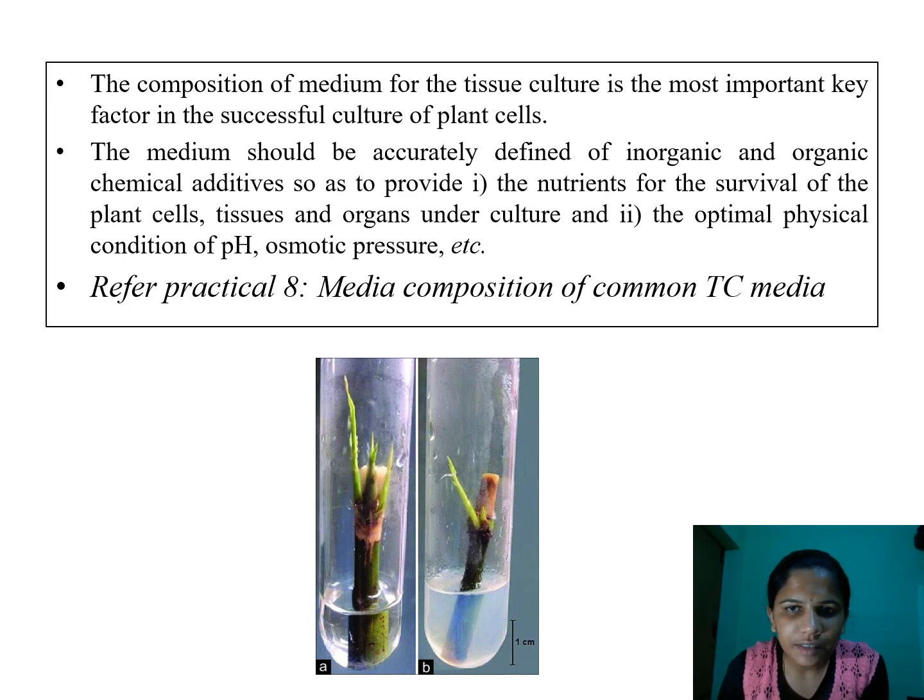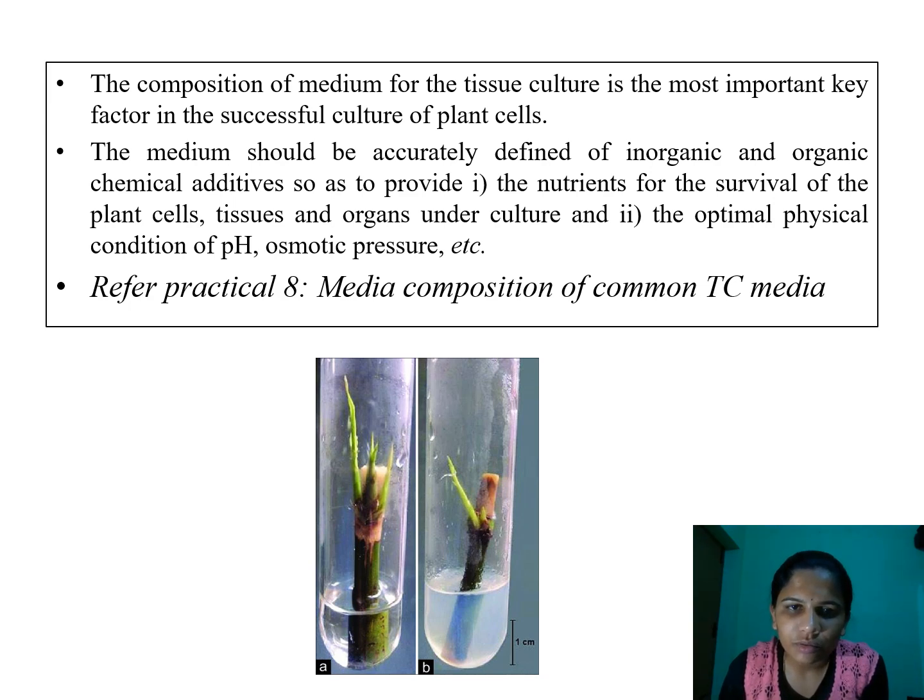So we can see media as both organic as well as inorganic, based on the content, whatever nutrients are present in this particular media, which help in cell division, cell elongation, and also the proper growth and development and production of shoots, roots, and other things.